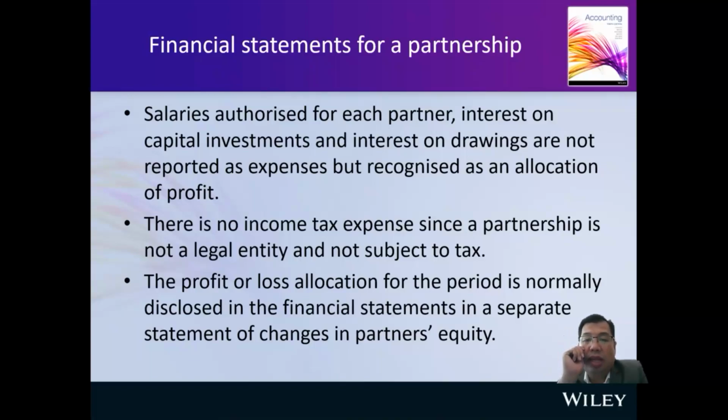There is no income tax expense since a partnership is not a legal entity and not subject to tax. So who should pay tax? The partners pay tax. The profit or loss allocation for the period is normally disclosed in the financial statement, prepared separately, in a separate statement of changes in partners' equity.